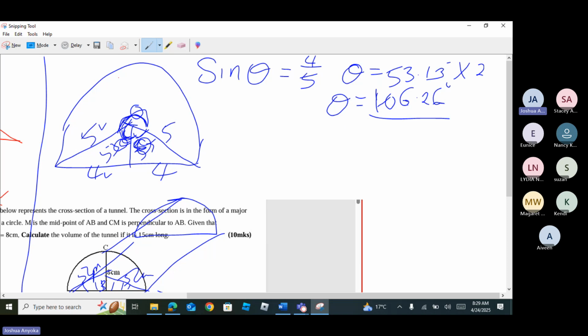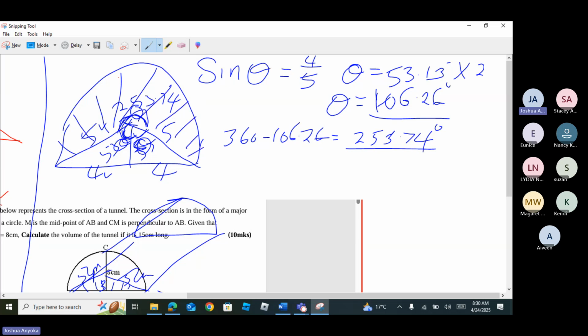So the major segment will be 360 minus 106.26, which gives us 253.74 degrees. So this is the angle 253.74 that we are using to find the area of this sector.